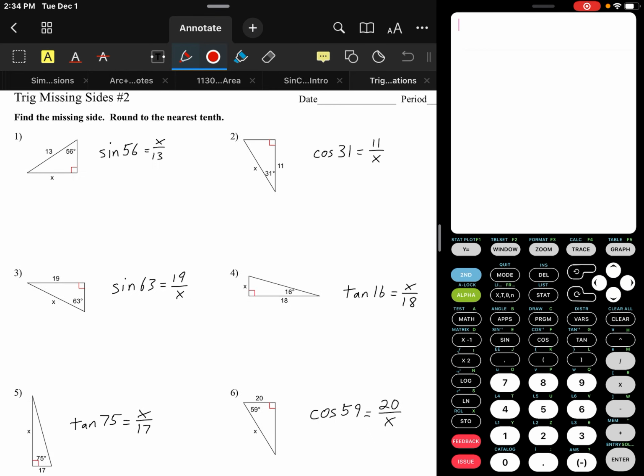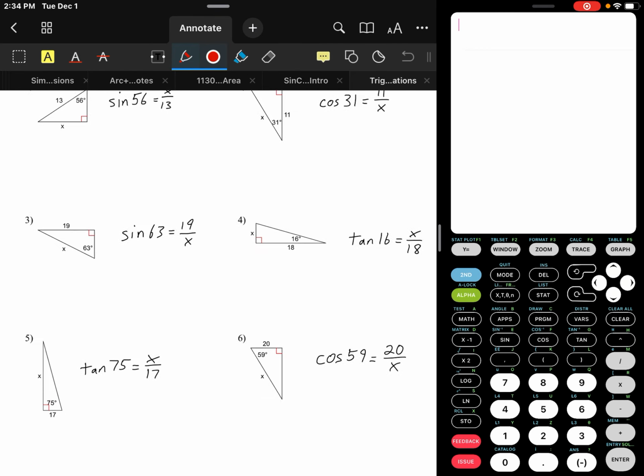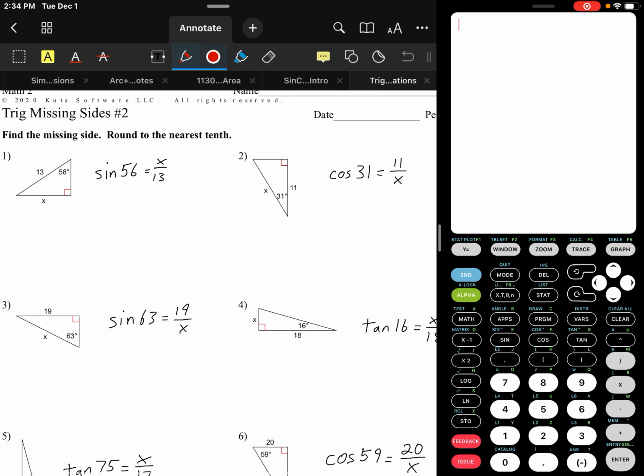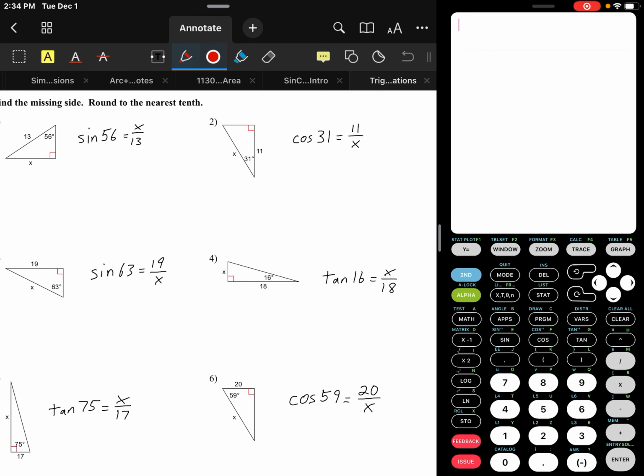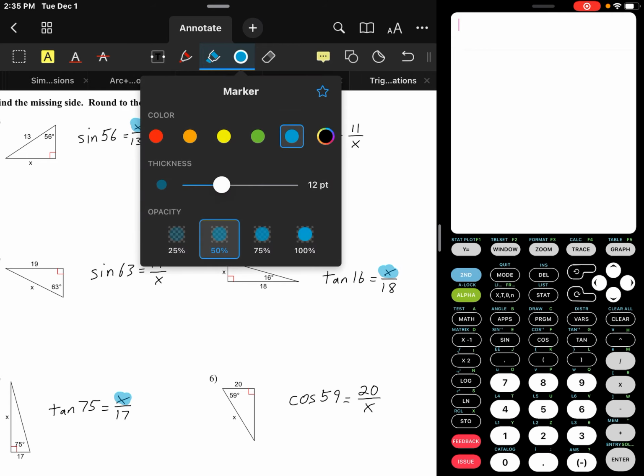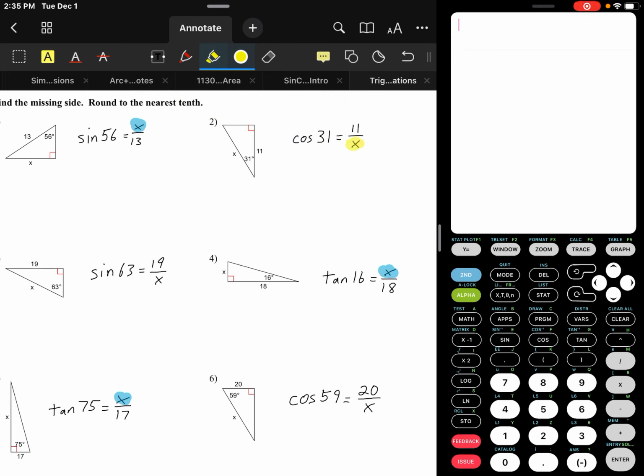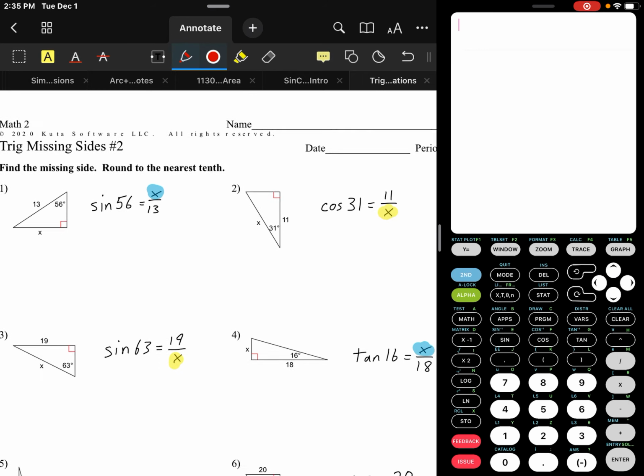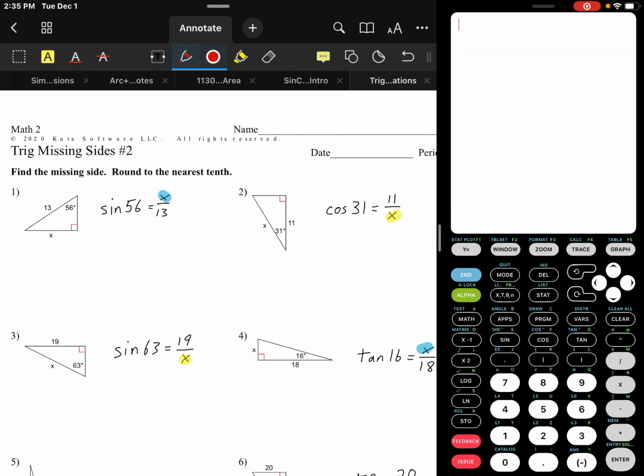As you can see, all of these are set up for you already, okay? So all we have to do is solve. And you notice we have some variables in the numerator or in the top, like these, okay? And then some variables are in the bottom, like these. You will solve these differently based on where that variable is, okay? So up at the top, I'm going to write it.